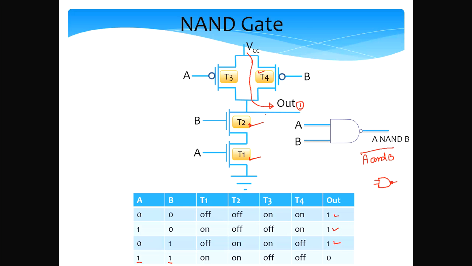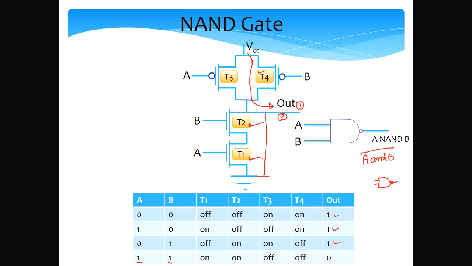So essentially you have a straight path between the output and the ground. What about T3 and T4? Both of them are turned off because the voltages at A and B are 1 each. So in this case the output will be driven to a logical 0 because it is directly connected to ground, which is assumed to be at 0 volts.